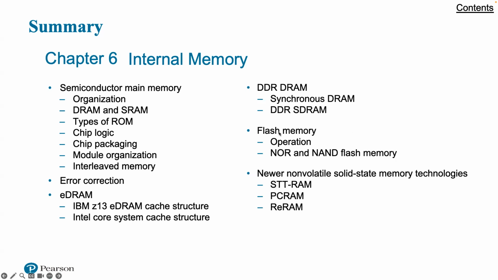We talked about flash memory, and for this we were talking about internal memory. In the next chapter we'll talk about it for external applications, and there are two implementations, either NOR or NAND. NOR is typically used for embedded systems, and then we very briefly in the last couple of charts talked about some newer non-volatile solid-state memory technologies that are looking very promising.